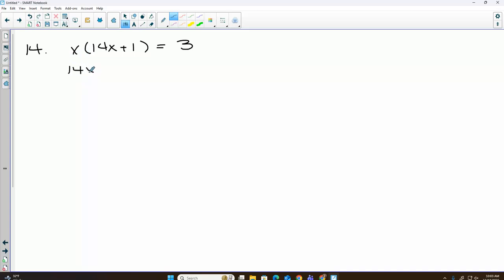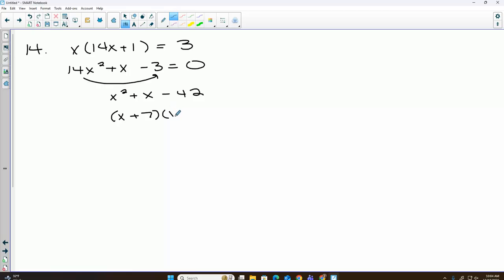We get 14x squared plus x, and I can subtract over my 3. So then we can do slip and slide. What multiplies to -42 and adds to +1? +7 and -6.